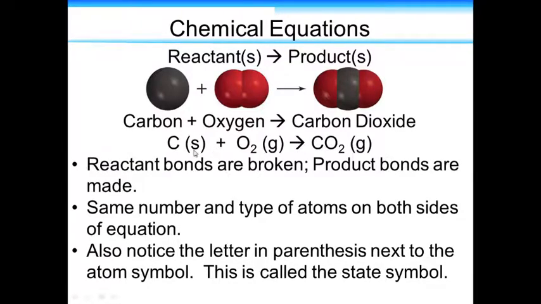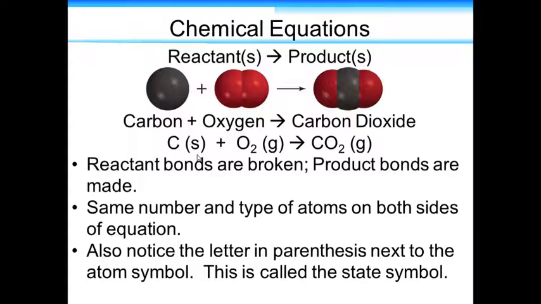There's one more bit of information here. There are these letters in parentheses next to our molecules or compounds, and they indicate what phase the reactant or product is in during the reaction.